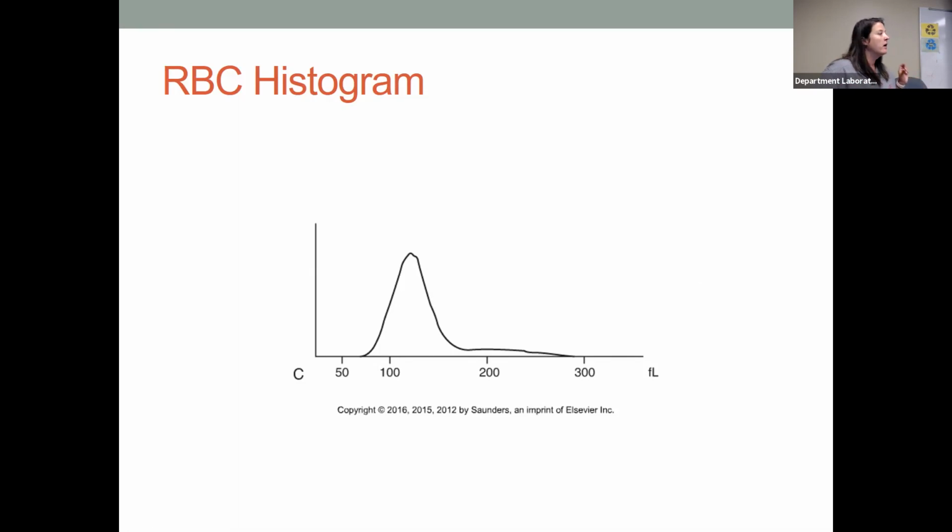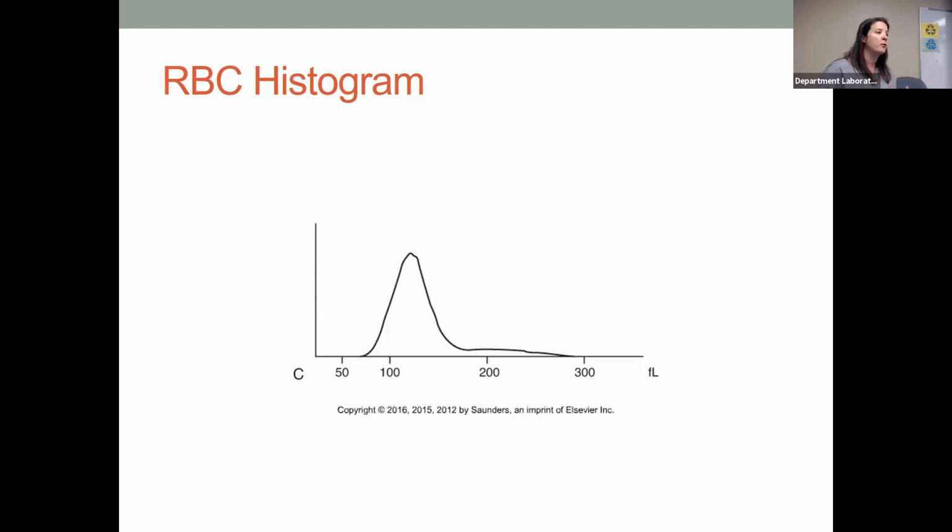The RDW normal range is 11 to 15. So if you have an increased RDW or a very thick red cell peak, that represents that you have multiple cell sizes going on in that sample. All right, so the higher the RDW, the more anisocytosis present.